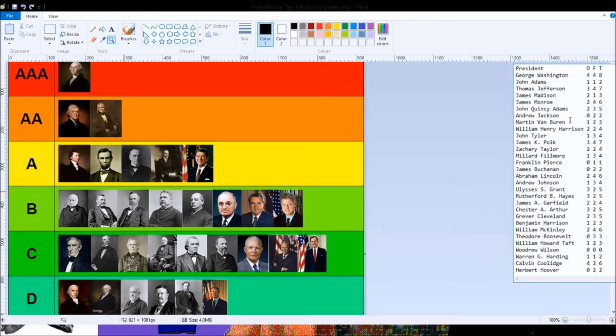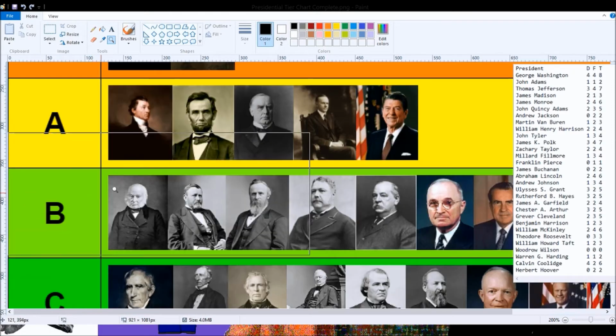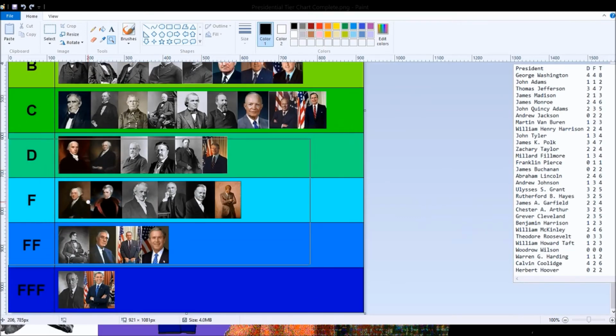Andrew Jackson. So let me not zoom in too much. Andrew Jackson down here gets an F rating. You may wonder why F rating. Well, on foreign policy, he was strong as usual.